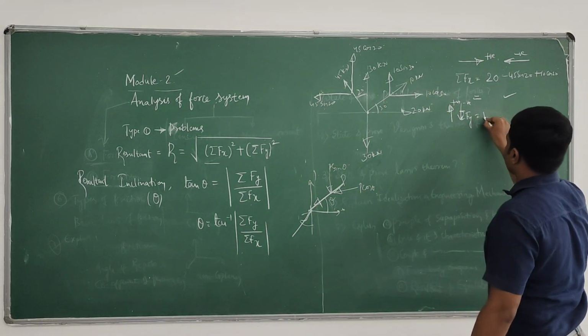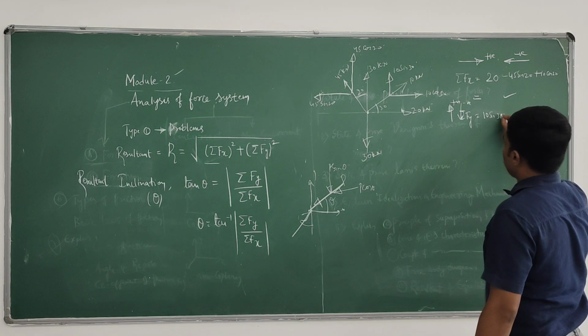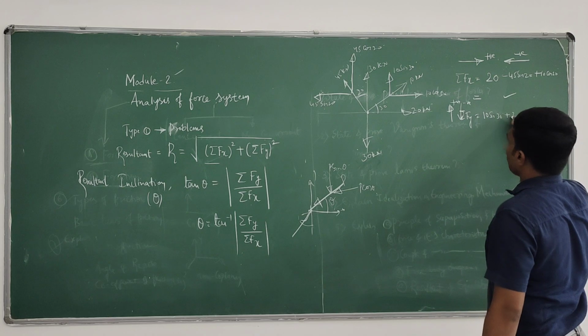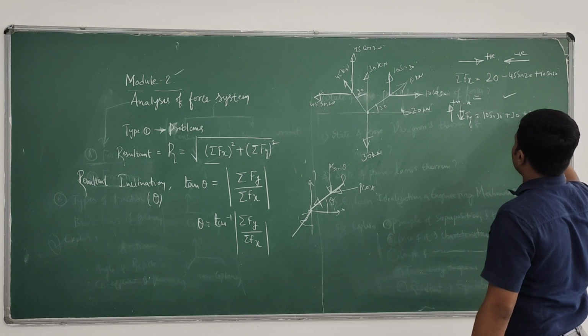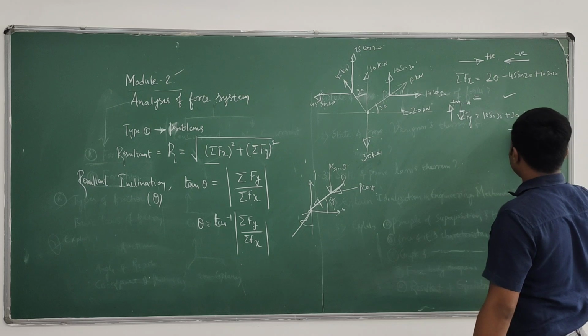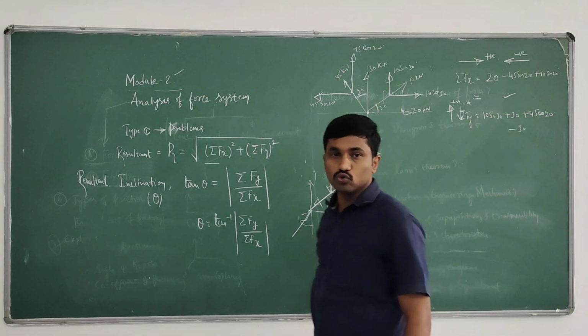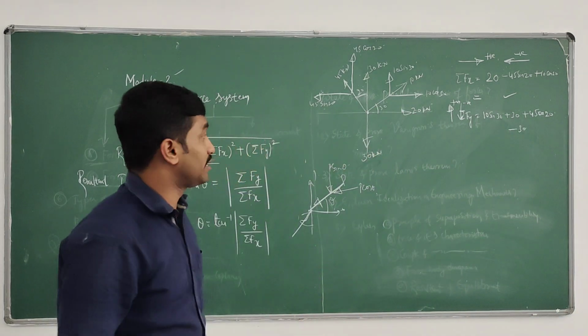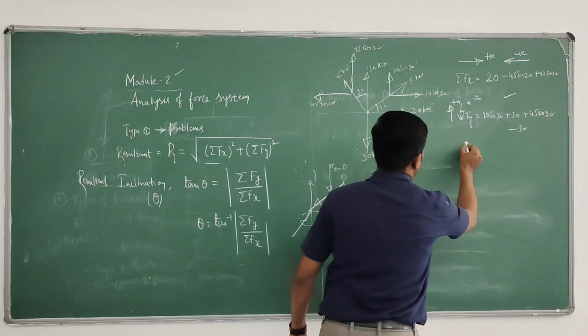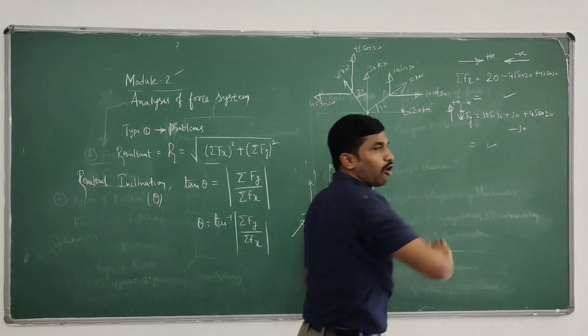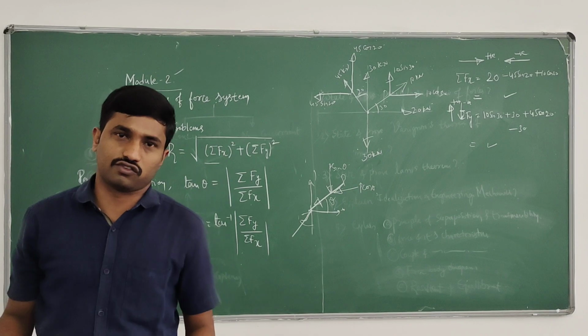Therefore, plus 10 sin 30 plus 30 plus 45 cos 20 minus 30. This is acting downward, that's why minus 30. So, you have to determine sigma Fy by summing all vertical forces.